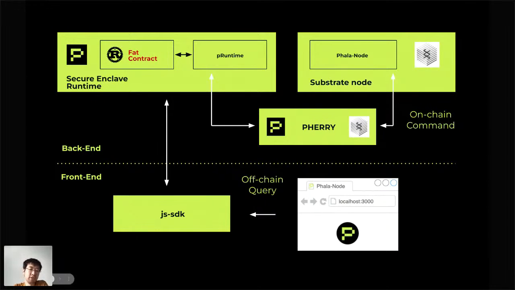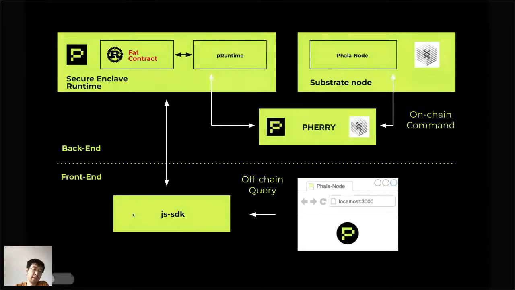But after we have moved the contract off-chain, this enables another kind of request to handle. We call this the off-chain query. These requests should not change the contract state. They can read the contract state, but they cannot change it.